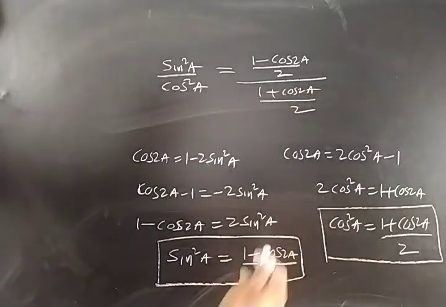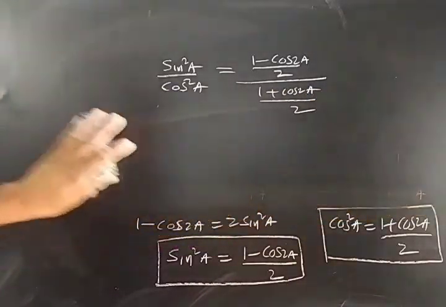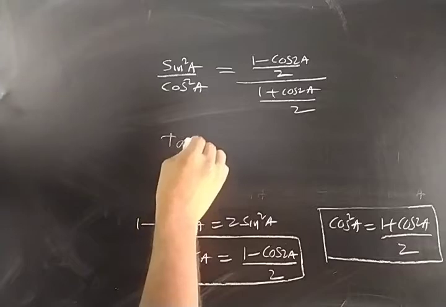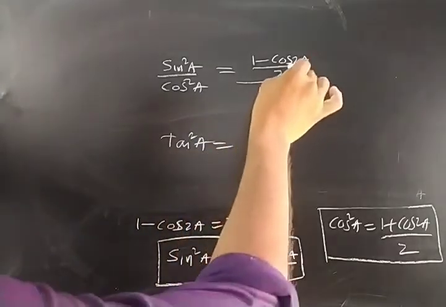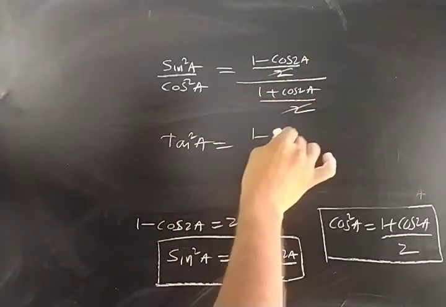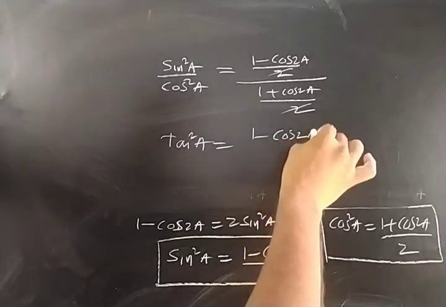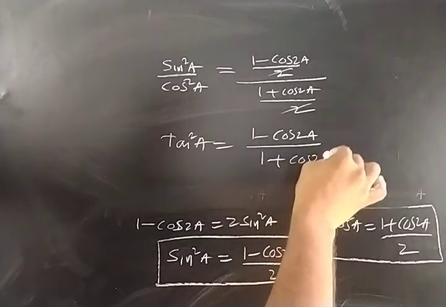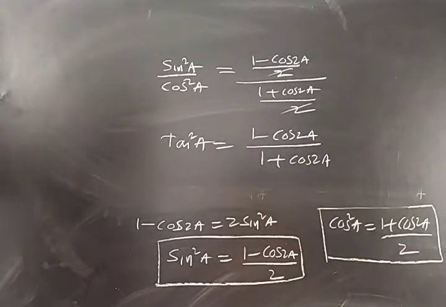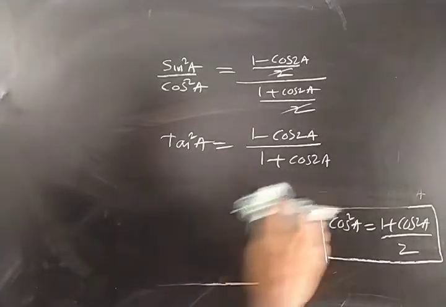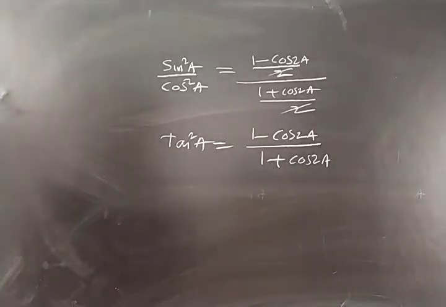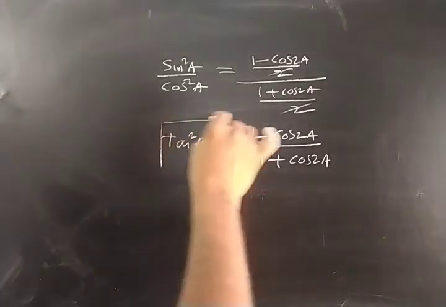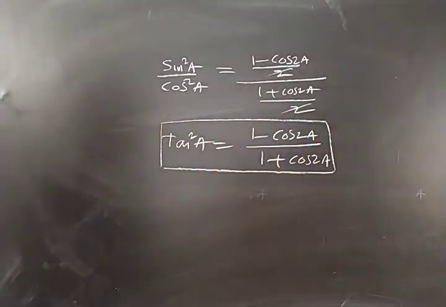Okay, sin square A by cos square A is tan square A, and here the denominator gets cancelled. So tan square A equal to 1 minus cos 2A by 1 plus cos 2A, another reduction identity.